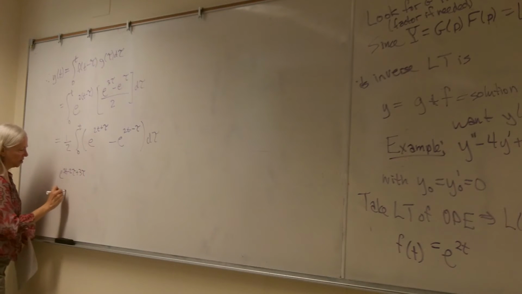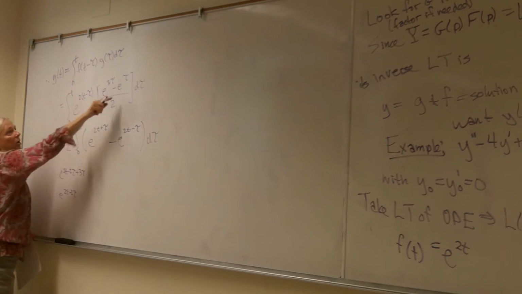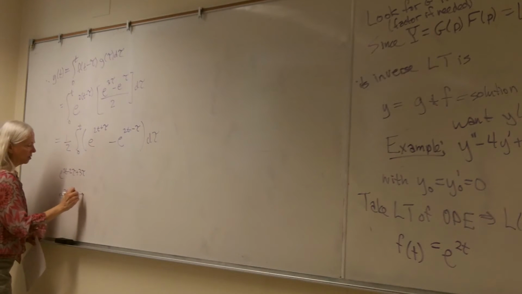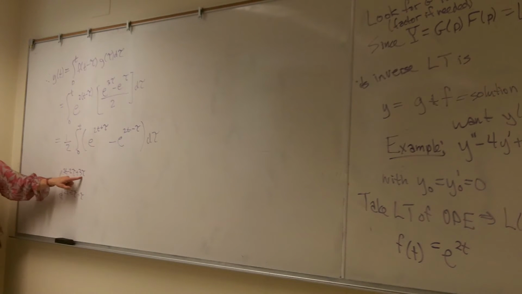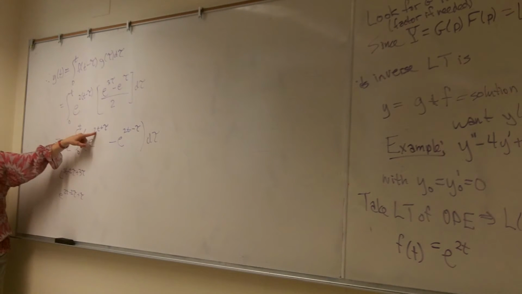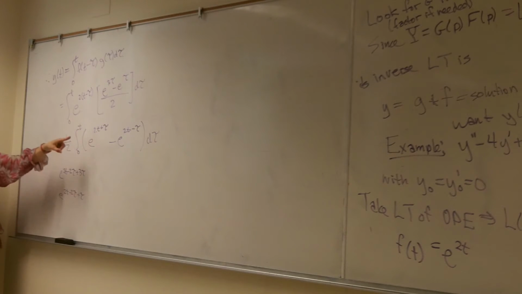For the second term, we have an e to the 2t minus 2 tau plus tau. So I combine those taus there. That gives me e to the 2t plus tau for that one, and for the other one, e to the 2t minus tau from combining those. Okay, so I think it's right the way it is.